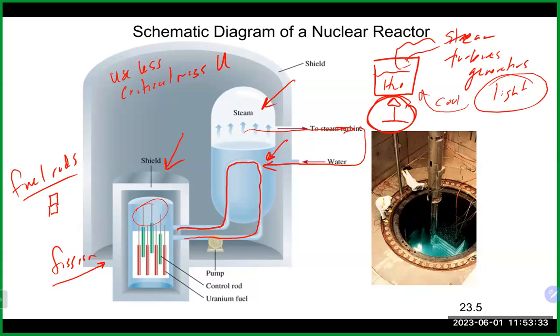They also have these things here, which are control rods. Control rods are things that are soaked in things like cadmium, and cadmium and things like that are really good neutron absorbers.